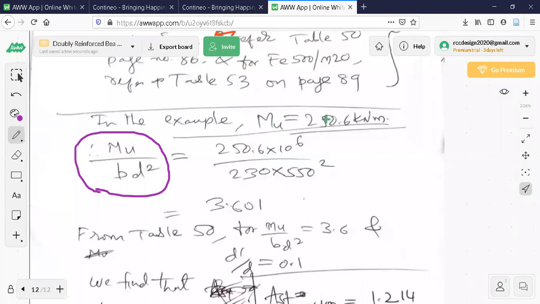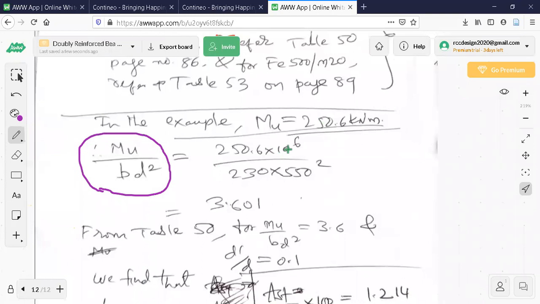After calculating dead load, live load, everything, the factored load, this value of 250.6 must be used in Mu here, divided by bd square. So 10 raised to 6, because I want it in Newton mm. 250.6 into 10 raised to 6, because these two are in millimeters.